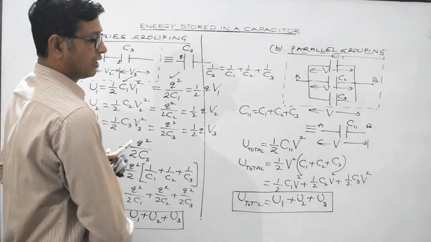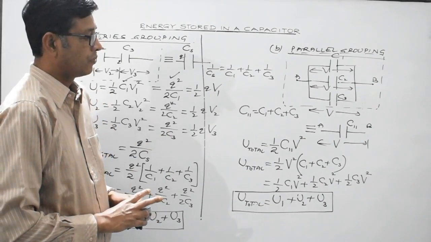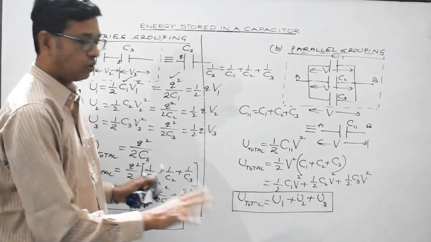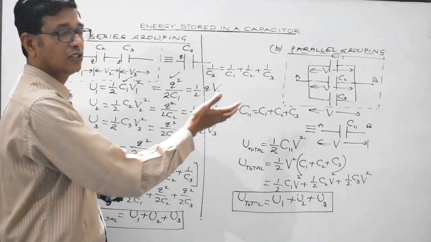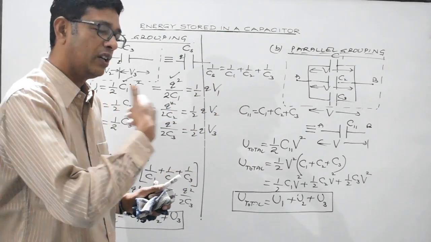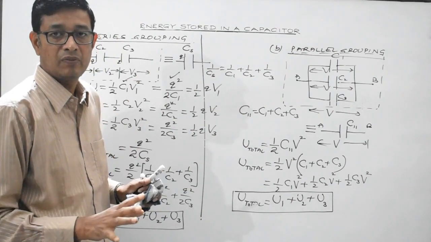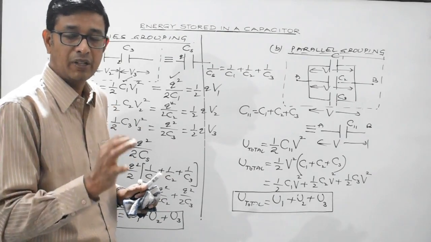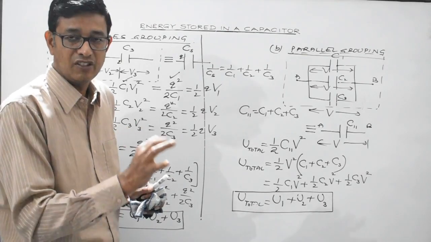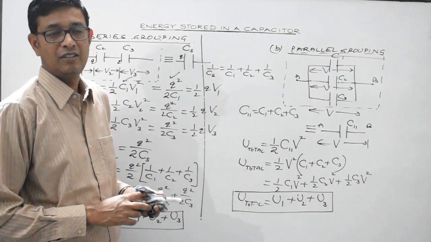So that's the verification of the above fact, right? So energy, total energy, I am talking about the total energy of this system, whether the system comprises of 3, 4 or any number of capacitors. Total energy of the system is always given by the algebraic sum of the energies stored in the individual capacitors.